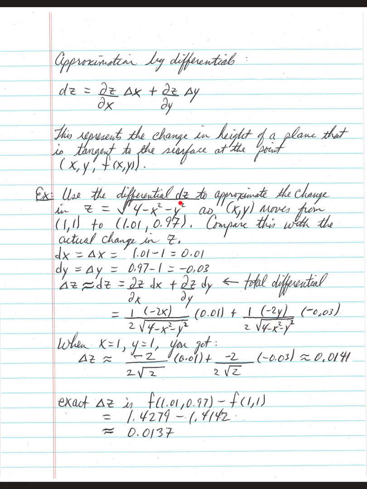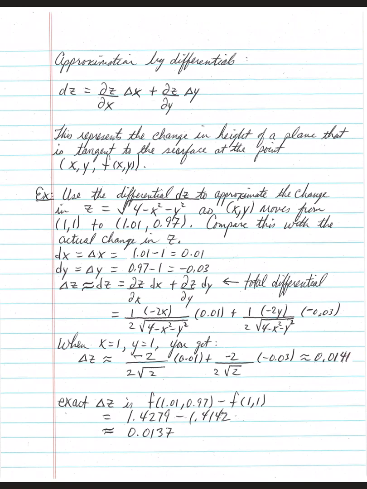And then the derivative of your y term is negative 2y. So these partial derivatives for this function, you've got to be very careful. And then your delta terms are just the change in value. So in our y values, we decreased by 0.03.